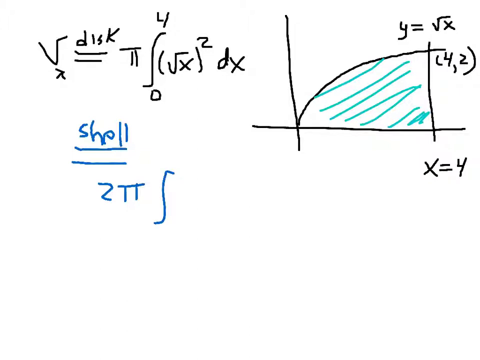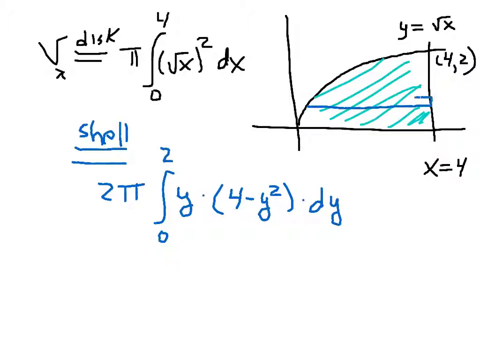Now, we're integrating along the y-axis here. So it's going to be 0 to 2 of the radius, which is y, times the height, which is going to be right minus left here, 4 minus y squared, times the little bit of thickness, which is dy. So notice here that this is what we're talking about when we're talking about the shell method.